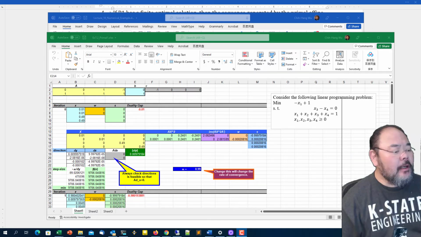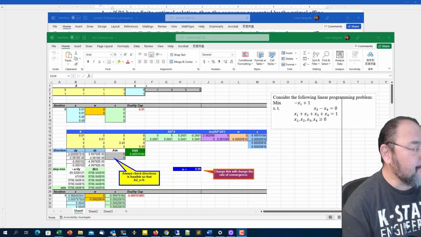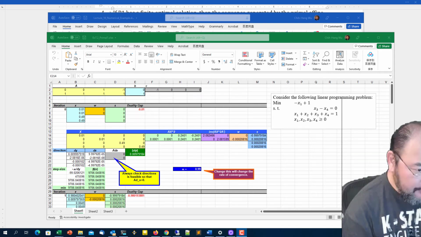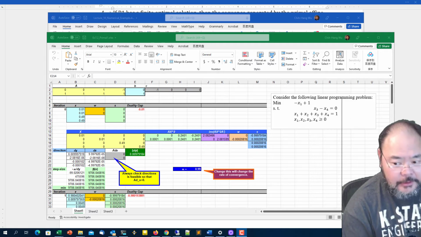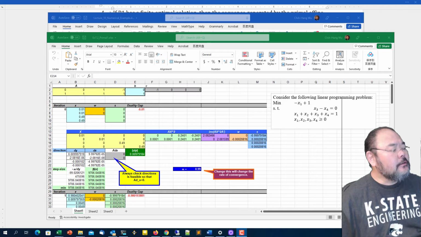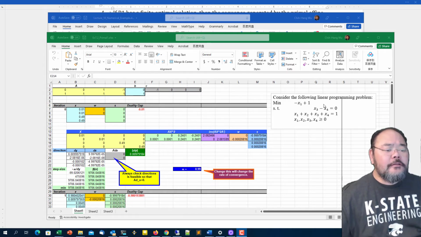All right, let's go back to our Excel spreadsheet. In this Excel spreadsheet, I follow exactly the algorithm and example we illustrated previously, and let's explain this using a slightly different example. Minimize negative x1, subject to x3 minus x4 equal to 0.